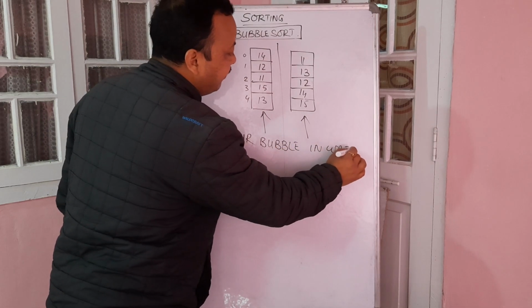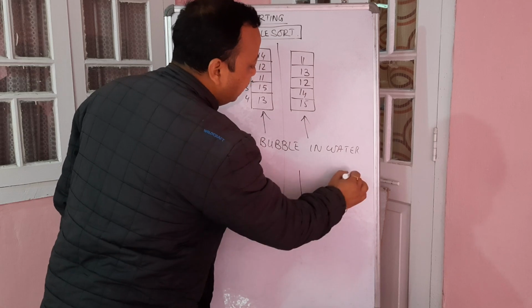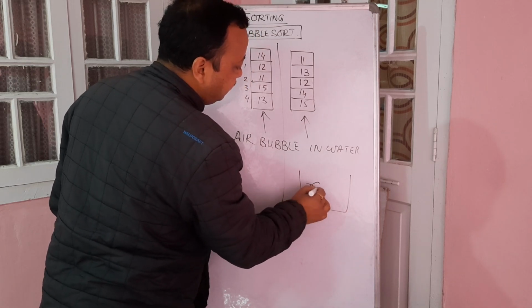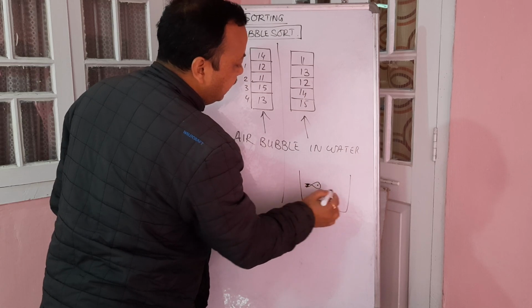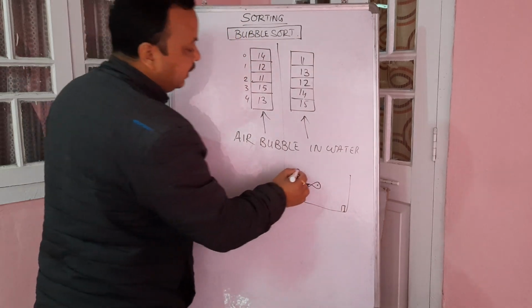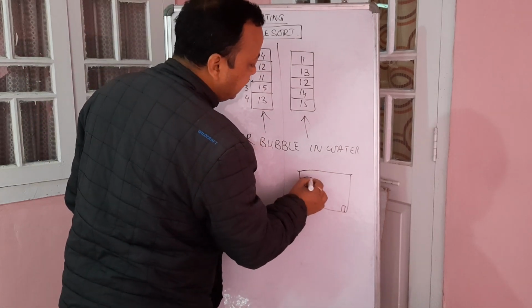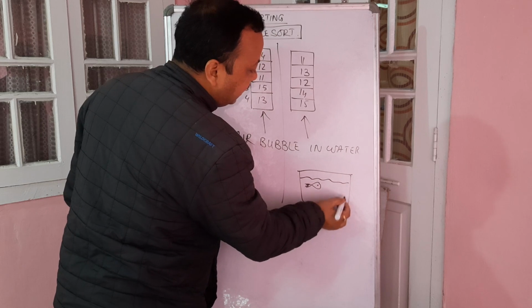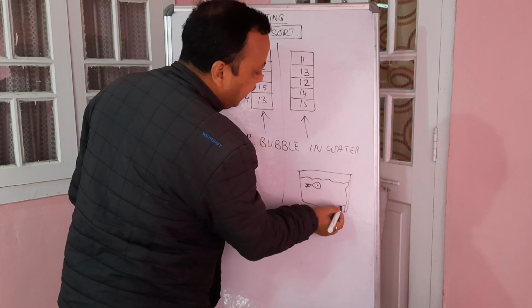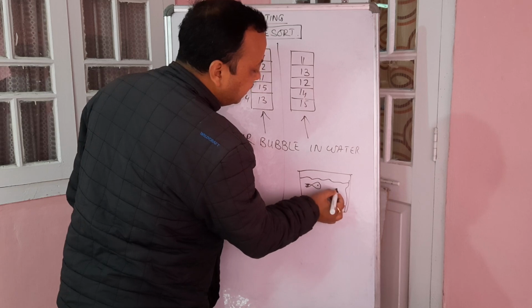So if you have seen an aquarium, and you see that there is fish in water, you will find that there is a pump at the bottom of the aquarium, and this is your aquarium, and this is the level of water. This is connected to a pipe, there's a motor here, and this is releasing what? Air bubbles.